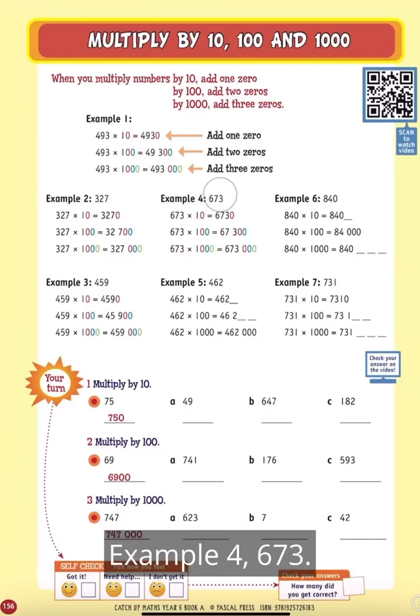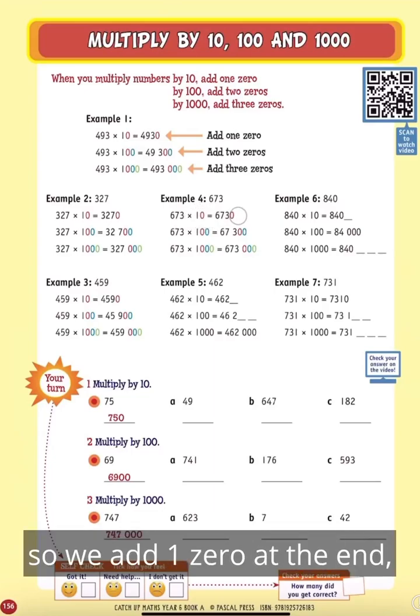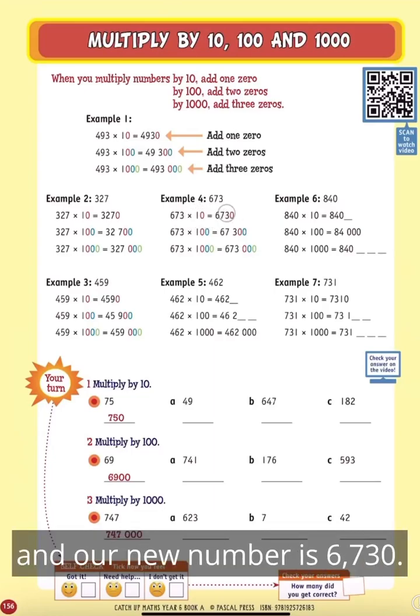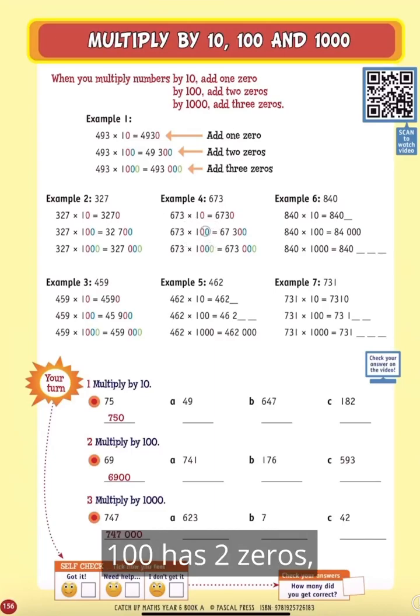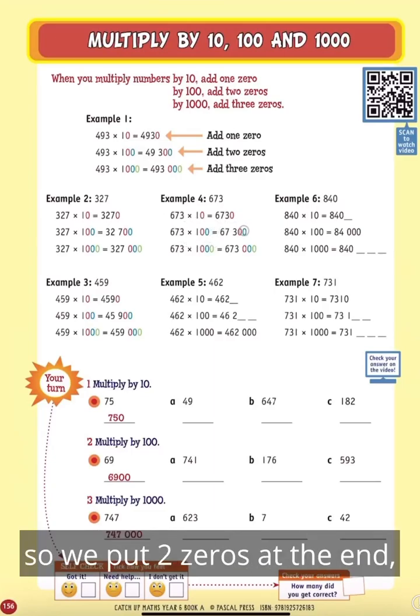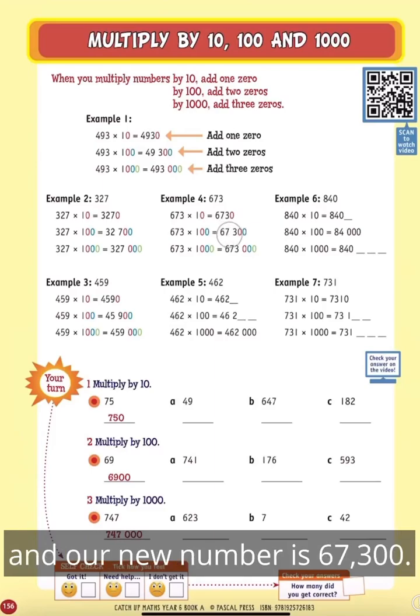Example 4. 673. 673 times 10. 10 has 1 zero, so we add 1 zero at the end, and our new number is 6,730. 673 times 100. 100 has 2 zeros, so we put 2 zeros at the end, and our new number is 67,300.